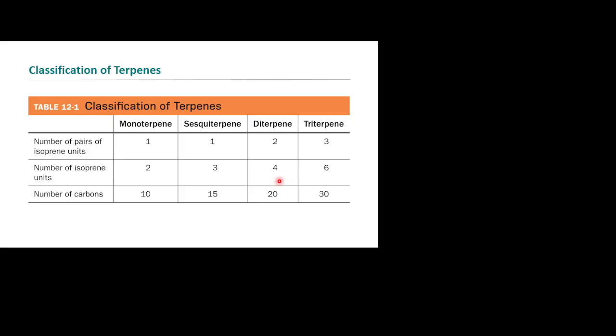So for a sesquiterpene, it's going to have one pair. This is going to give us 3 in this case isoprene units. We don't have an additional pair, and so we can't have a higher number there. This one right here, 2, and that'll give us 4 individual units, right? And this one, 3, 6 individual units.